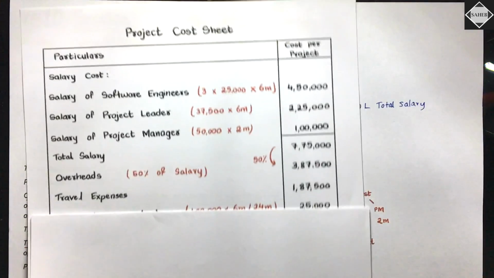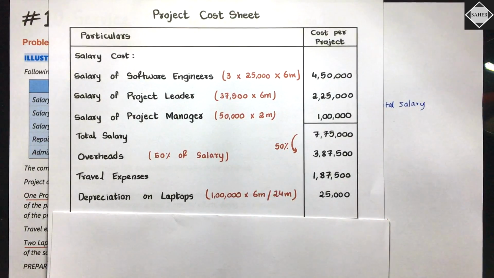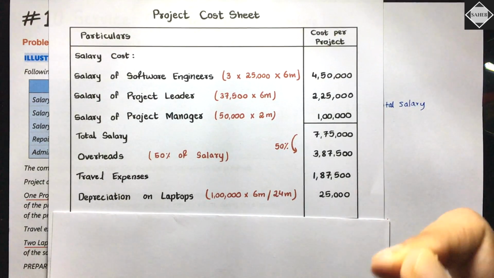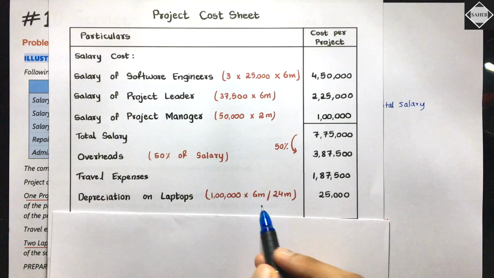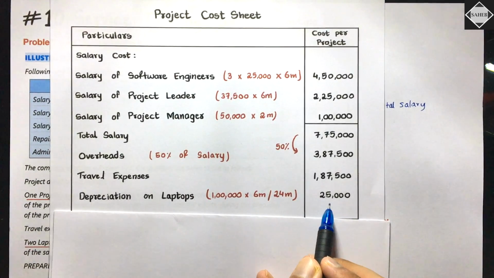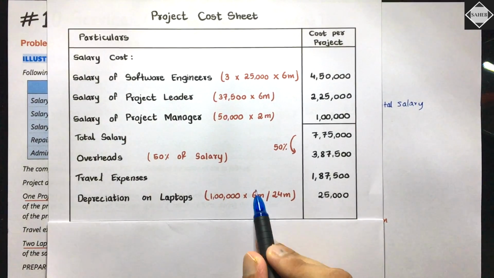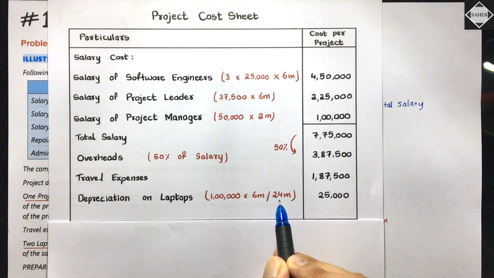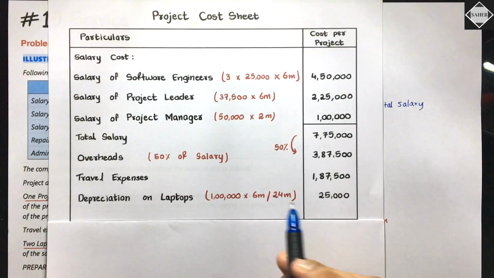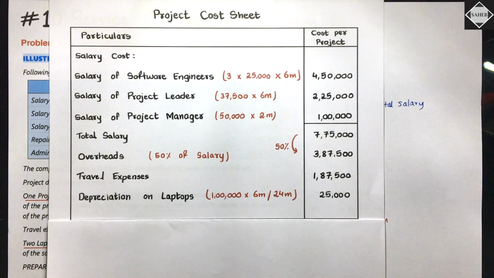Then you have to divide by 24 months and multiply by 6 months, because the project duration is only 6 months. So only 6 months depreciation should be charged to the project. 1 lakh into 6 months divided by 24 months, that's 25,000. Don't make a mistake: numerator and denominator have to be in the same unit. You can't take 6 months over here and 2 years over here. That would be completely wrong. You have to take months. So that's 25,000 depreciation.